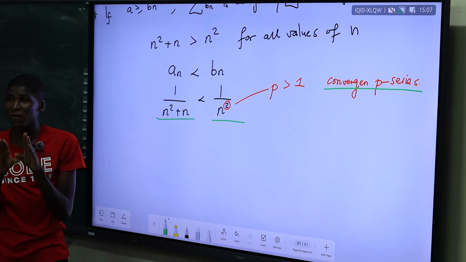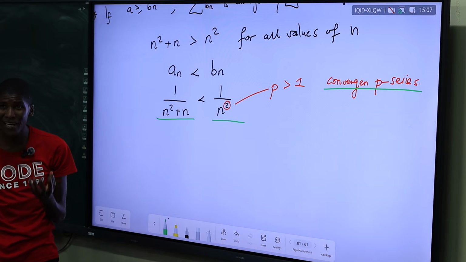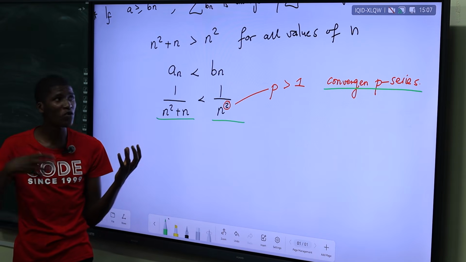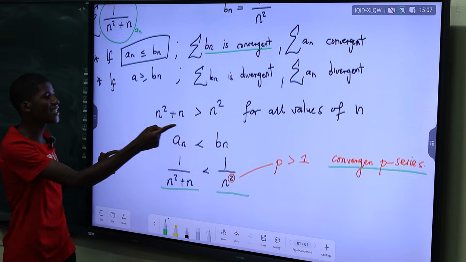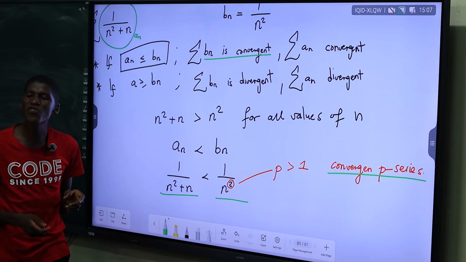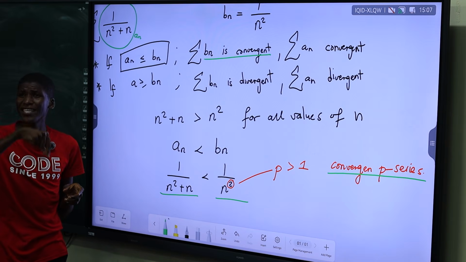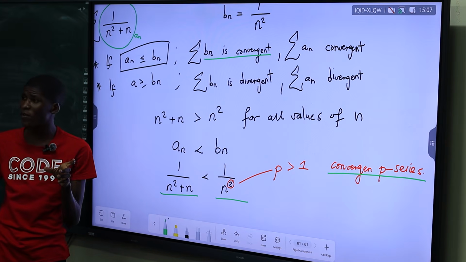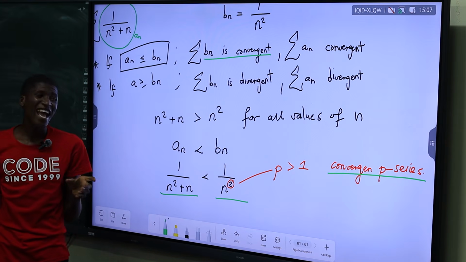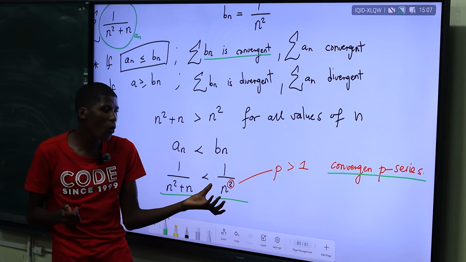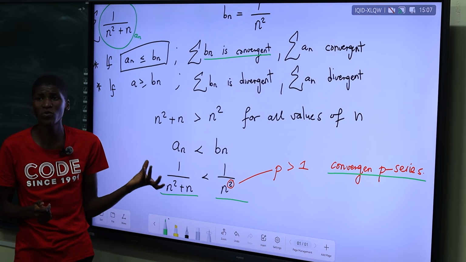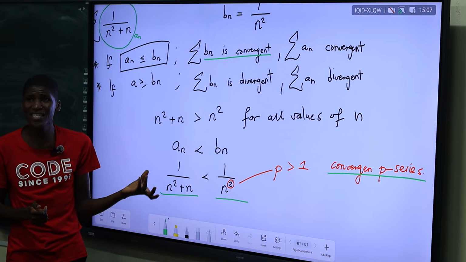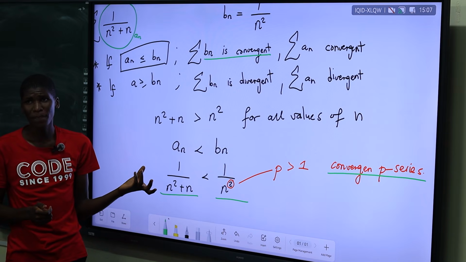So when I enter the first thing, you compare them. It's a comparison test. You compare an no bn. Which one is bigger than the other? If an is less than bn, the next thing you need to make sure that one of them is convergent. Then the other one is convergent automatically. If we are told bn wako is a convergent P series, automatically no an must also be what? A convergent series.